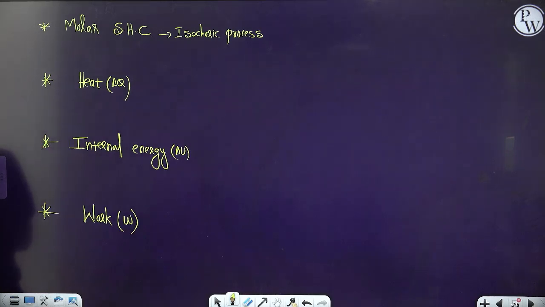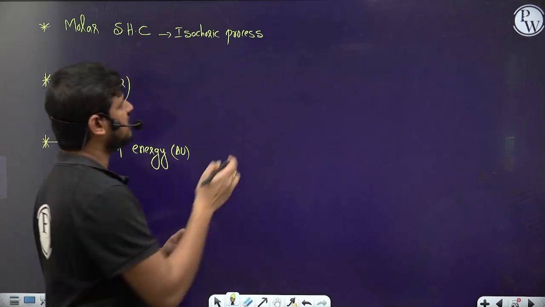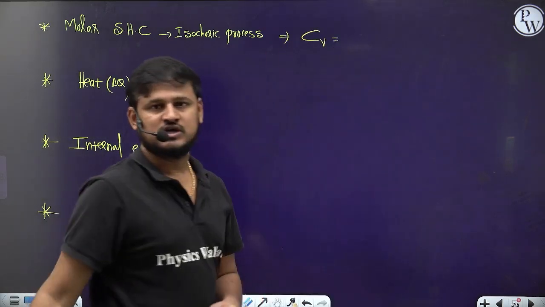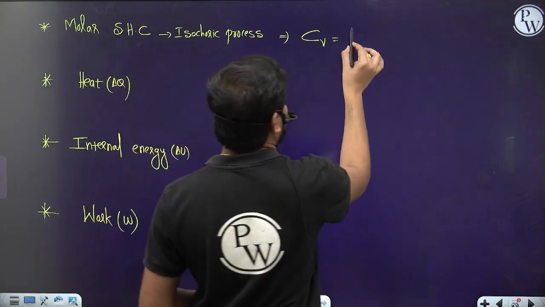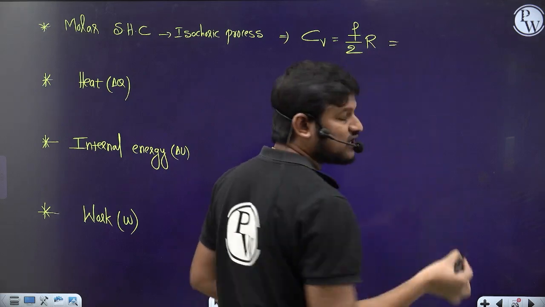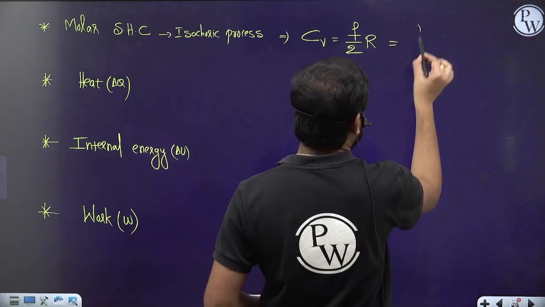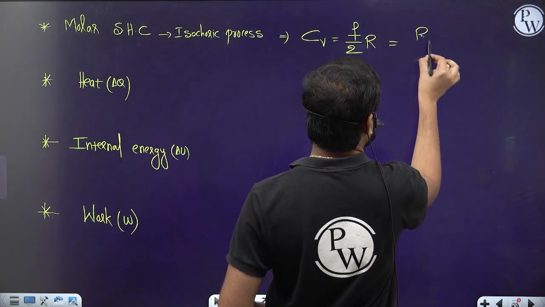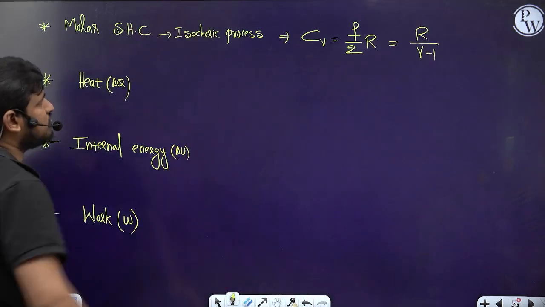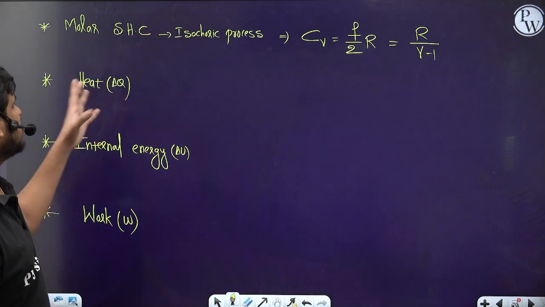Already we discussed it for the isobaric process, right? Isochoric process means CV. CV is equal to F by 2 R, and in terms of gamma, R by gamma minus 1. So this is easy. Now come to the heat.